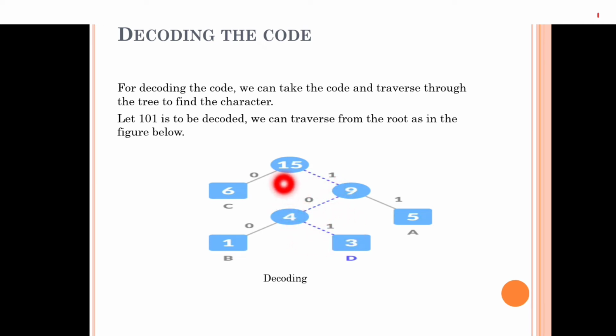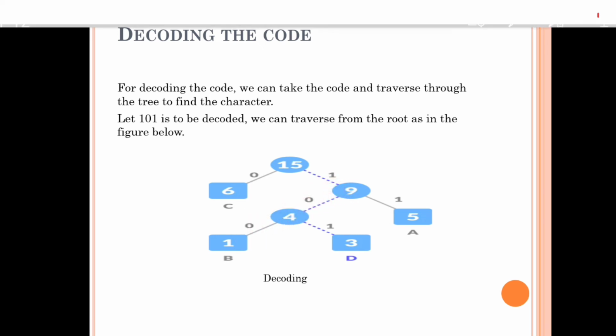So the code for the D character is 1 0 1, and similarly we can find for A, C and B. For A, the code will be from 15 to 9, then 9 to 5, so the code will be 1 and 1. And similarly for C, the code will be 0. And for B, the code will be 1, 0 and 0.